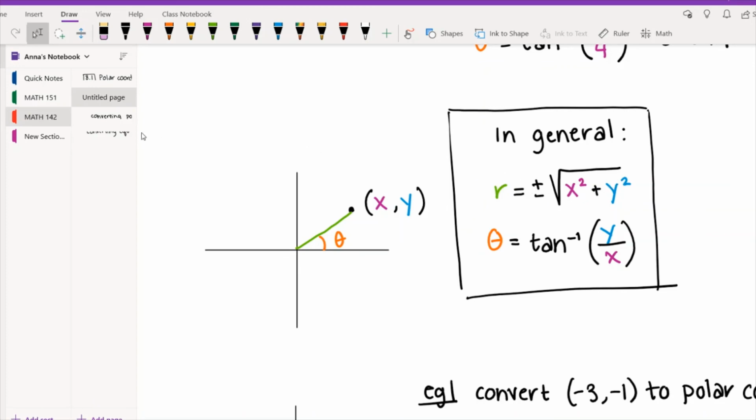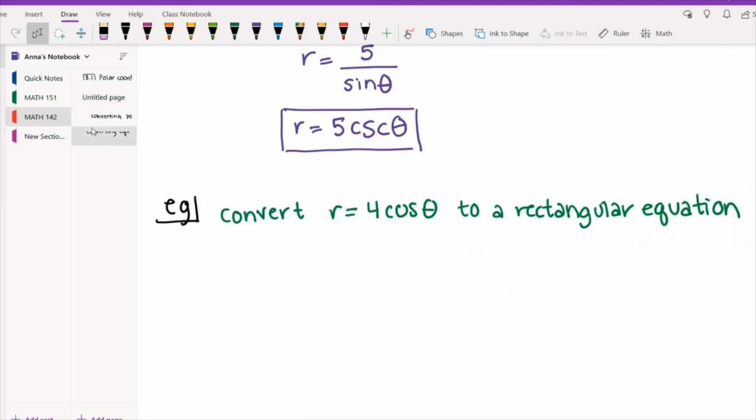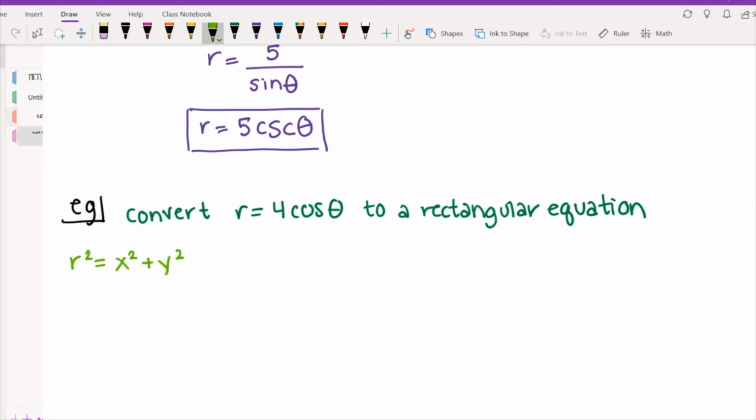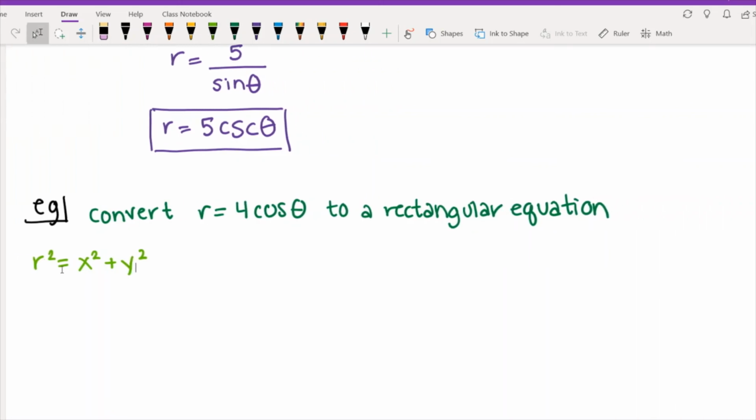But for the sake of translating this, it's going to be a lot nicer if we use the fact that r squared is equal to x squared plus y squared, right? Because that's basically the Pythagorean theorem. Previously we solved the Pythagorean theorem for r, but it's also true that r squared is x squared plus y squared.